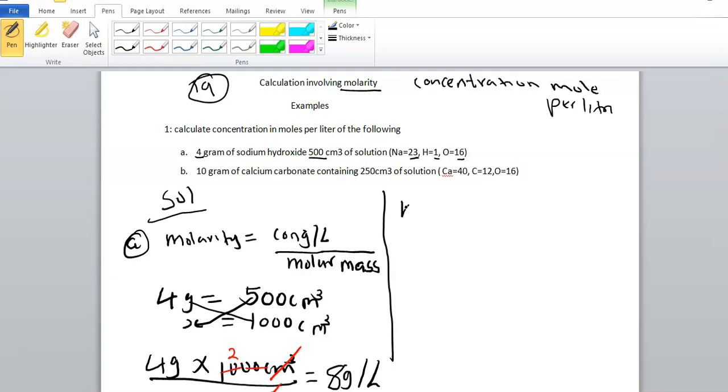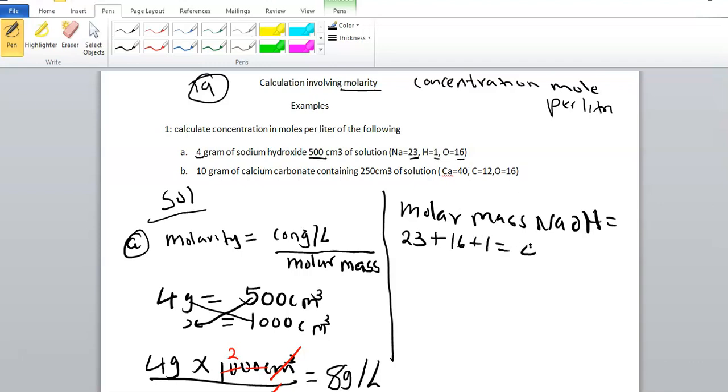Now let us get the molar mass of sodium hydroxide. Sodium in the bracket we have 23, plus oxygen, one oxygen, in the bracket 16, plus hydrogen, one hydrogen, in the bracket 1.